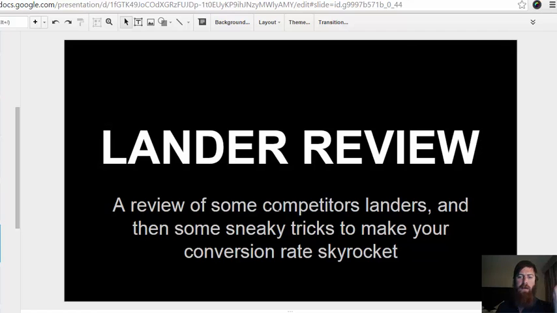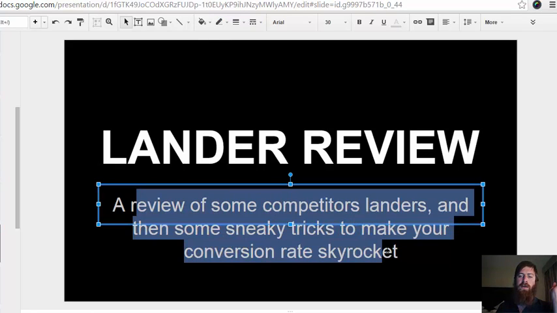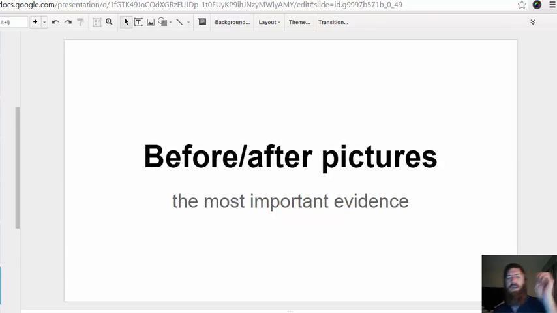So I'm going over competitors' landers, and I'm going to talk about some tricks to skyrocket conversion rates. So the most powerful thing in marketing is before and after pictures. This is without question. Or before and after sorts of imagery.